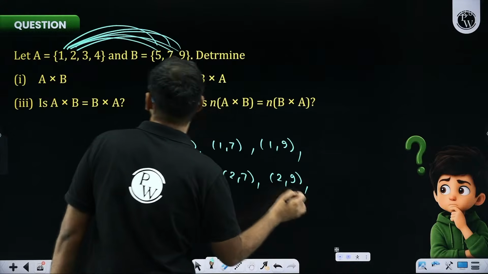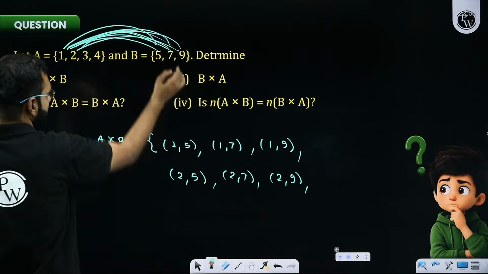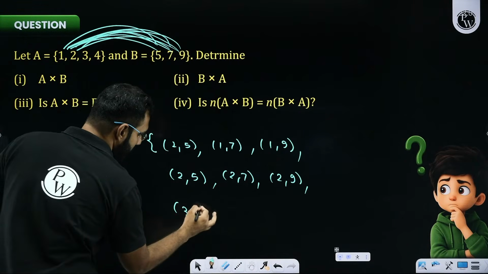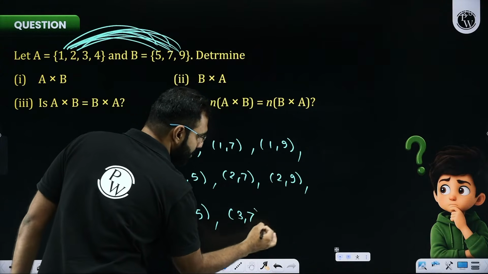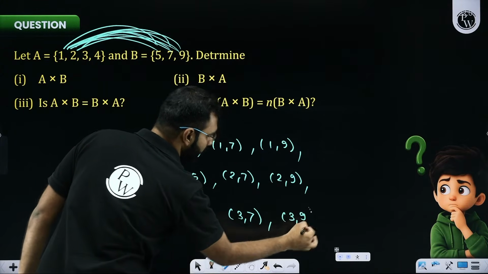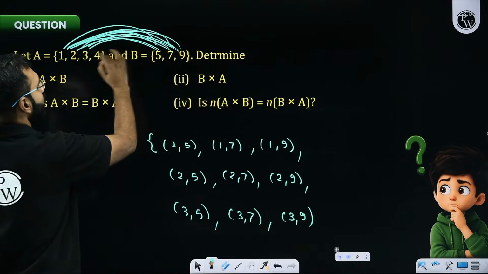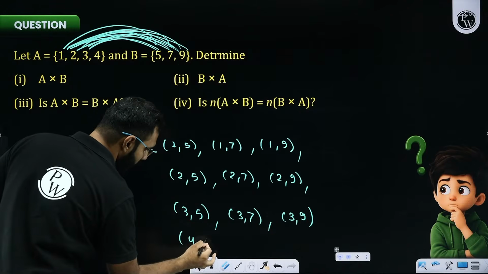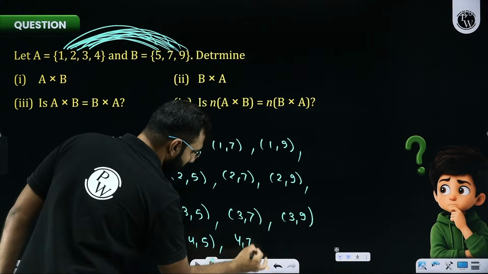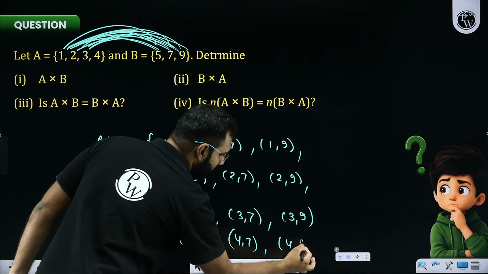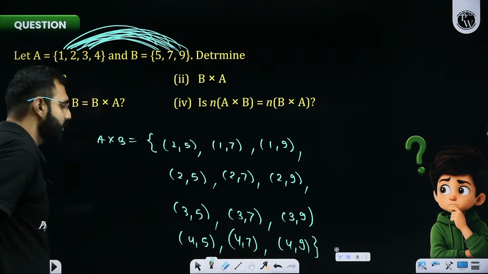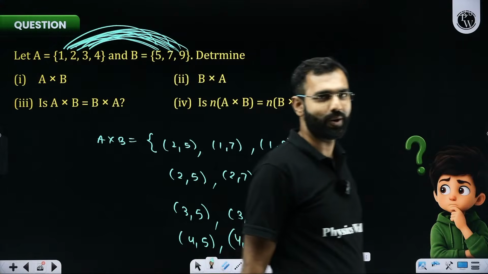Then 3 with the same 5, 7 and 9: 3 comma 5, 3 comma 7 and 3 comma 9. Then 4 comma 5, 4 comma 7 and 4 comma 9. Everybody got it comfortably? So that's your set A cross B, the Cartesian product of A and B.